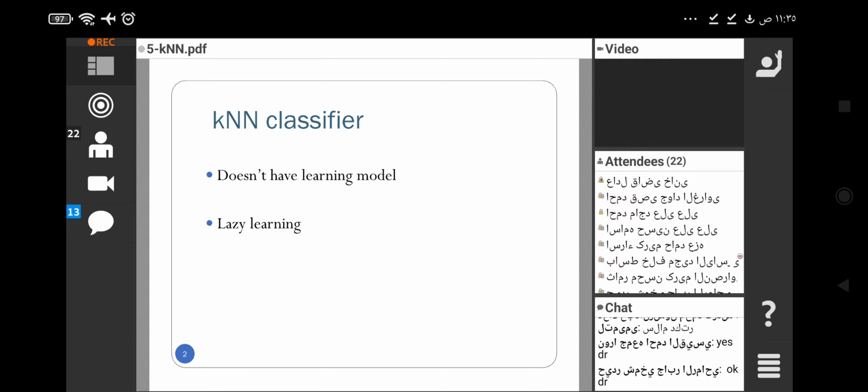This is very important. In the KNN classifier, we don't have a learning model, so we don't have any training. In this type of classifier, we don't have a training phase.